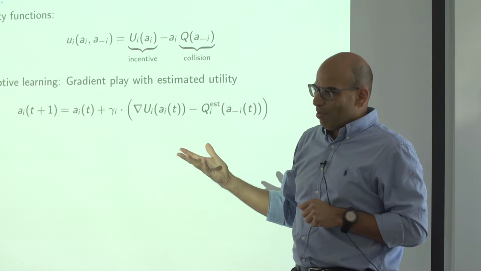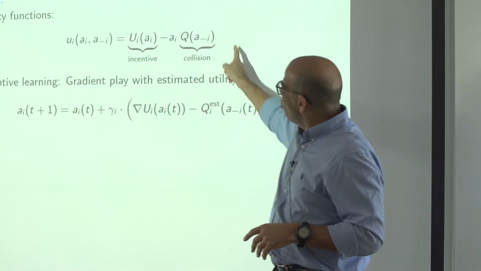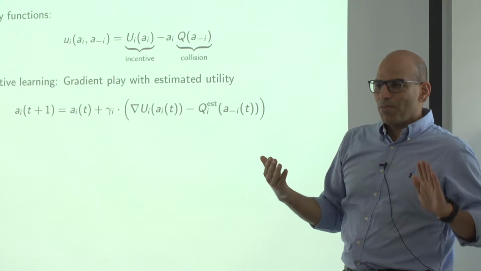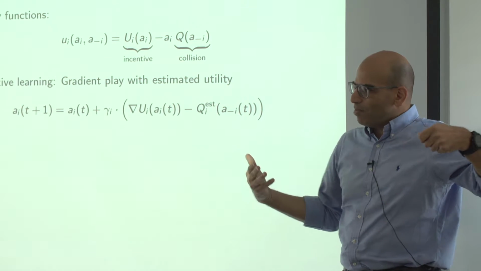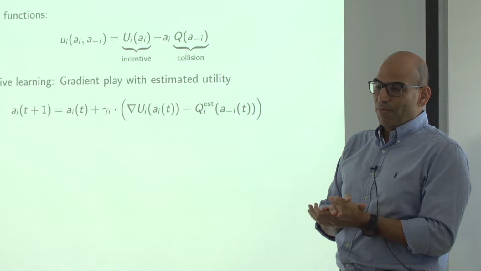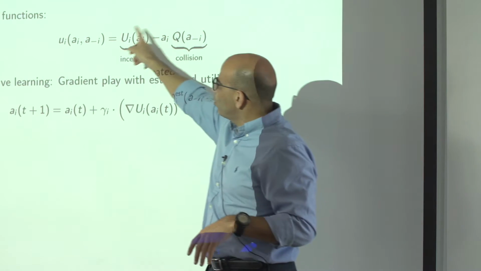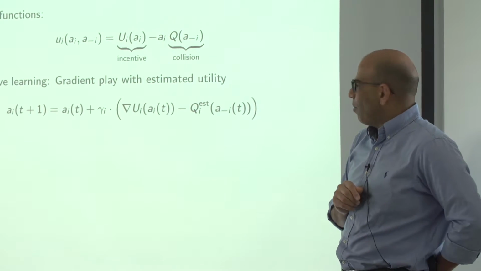Well, not really everybody else, it's everybody in my neighborhood, but we'll just lump it as everybody else. What is this term? This is the probability of a collision. So I want to maximize my utility of transmitting, but I'm penalized by probabilities of collisions. That's going to make me back off. This is the overall utility function: the incentive minus the collision probability.